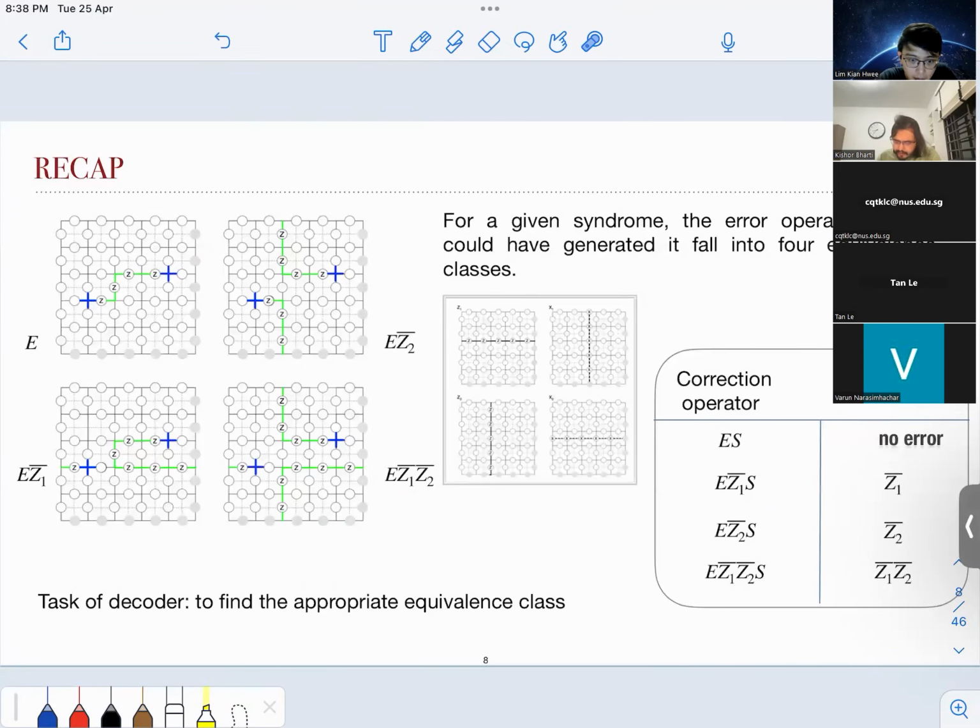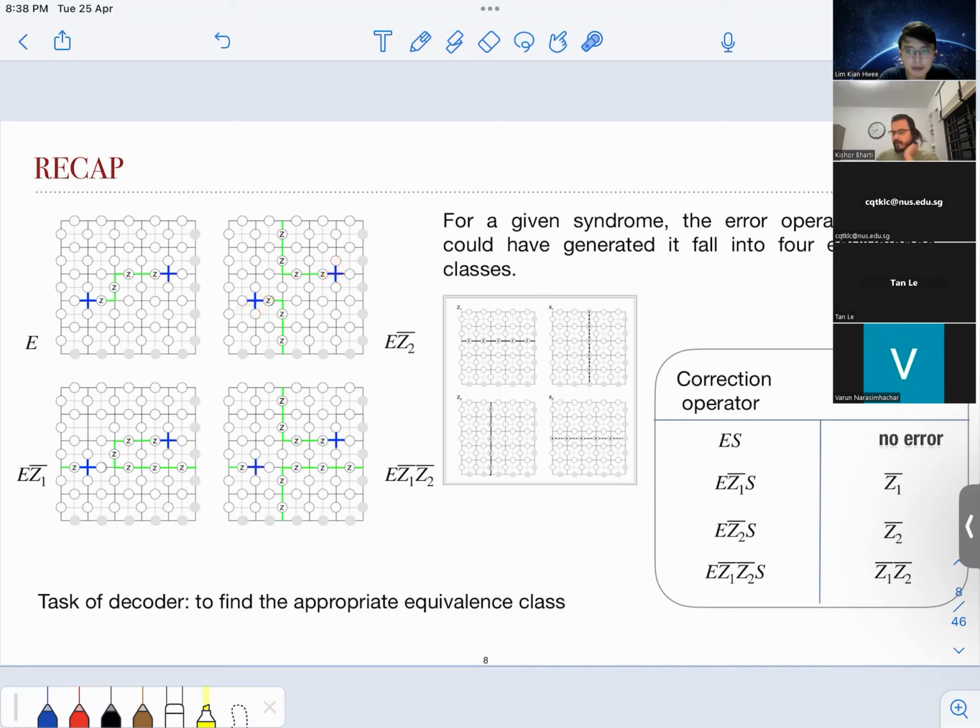Then we talked about decoders, where we said the task of a decoder is to find the appropriate equivalence class. Given some error, there can be multiple strings which correspond to the same error, with the same boundary.